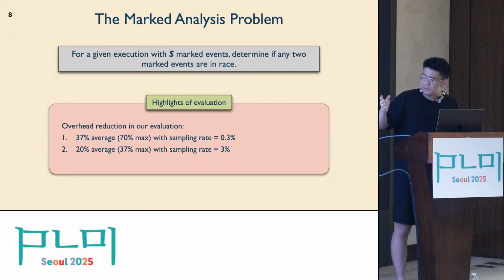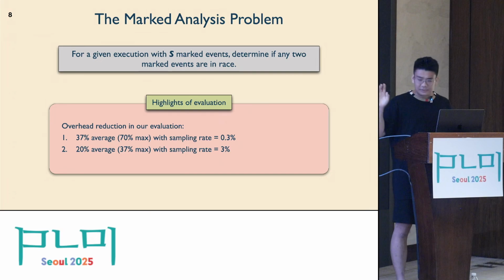Here we also show some highlights of the evaluation. We show that when the set S is relatively small, like 0.3% compared to the size of the execution, our algorithm can reduce around 37% of the overhead introduced by the naive approach, and up to 70% on some benchmarks.